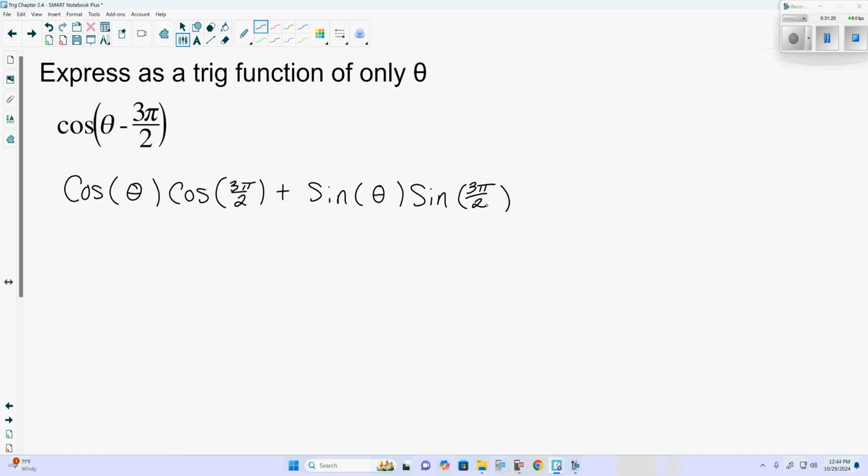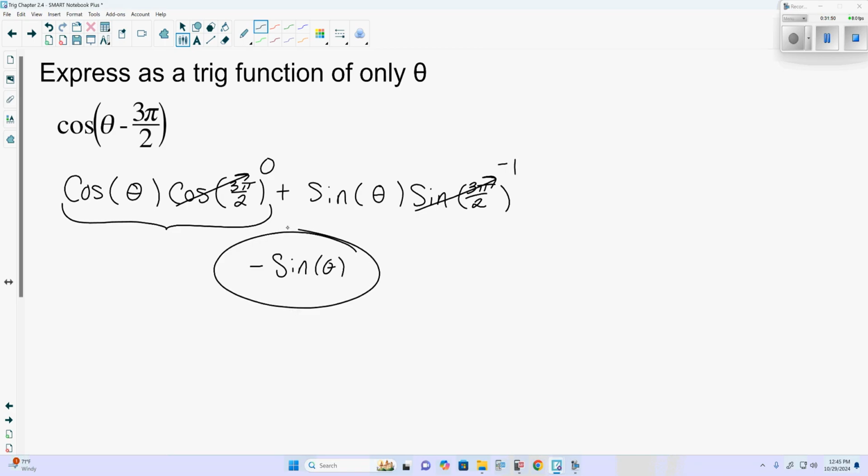Now, 3 pi over 2. For cosine, it is 0. For sine, it is -1. So this first whole expression becomes 0, so it's gone. The other side, we have sine of theta times -1, which gives us negative sine of theta.